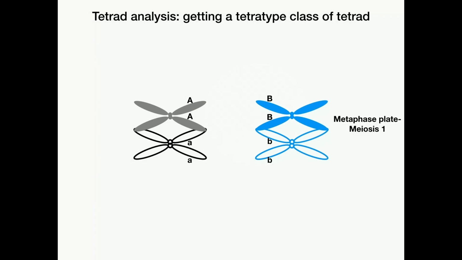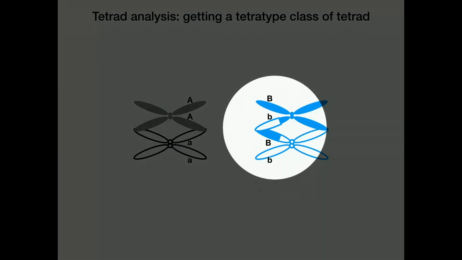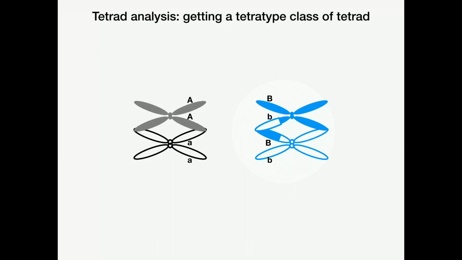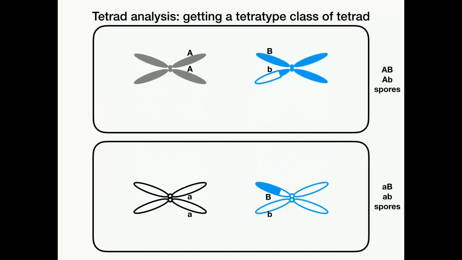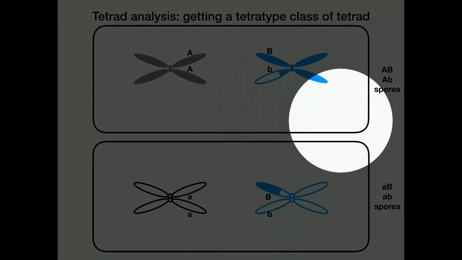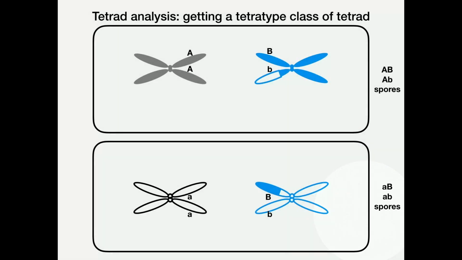So Jeremy said that in order to get a tetratype, you have to have a recombination event, but this time not between 2 genes, but between a gene and the centromere. So at least one of the genes has to be unlinked to the centromere, okay? And in that case, now you get a meiotic event that gives rise to 4 spores. And there are 4 different ways to get this.